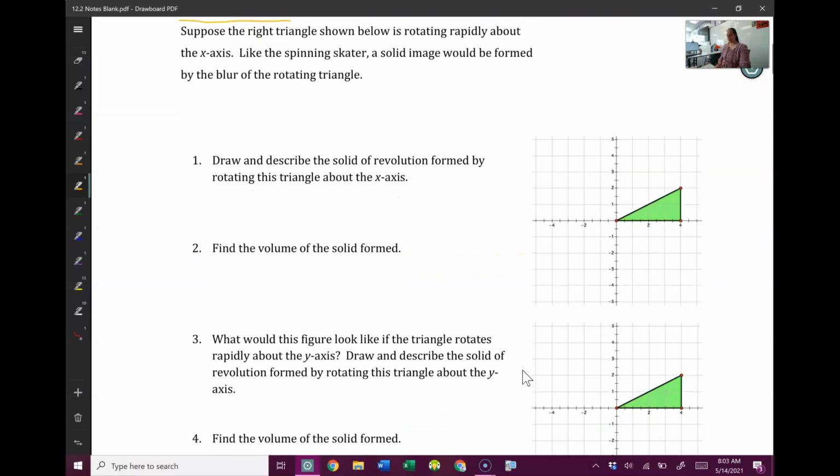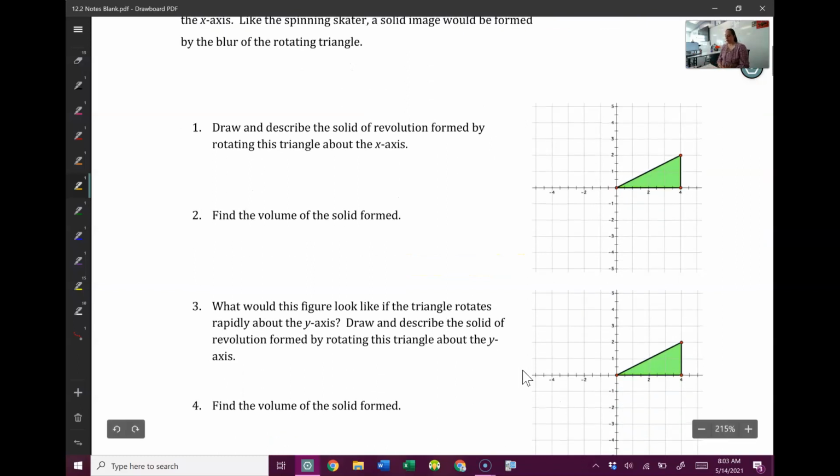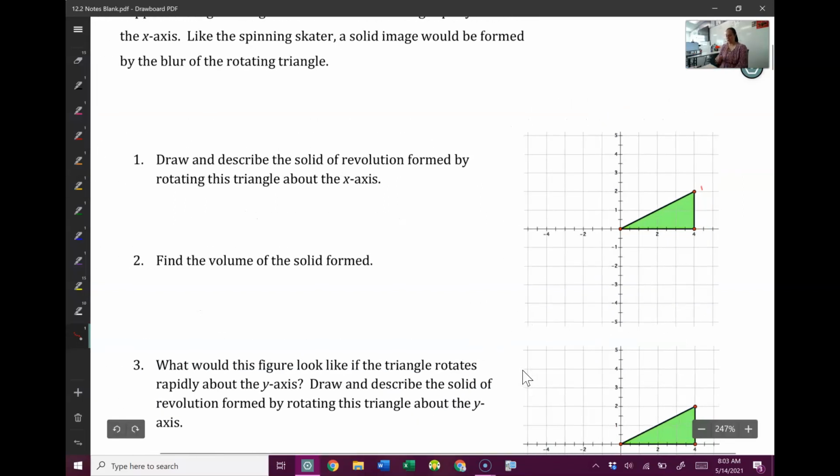So, let's introduce this here. In number one, we have a solid of revolution. We have this triangle right here, and it says we want to rotate this object around the x-axis. I actually have another visual aid right here. I have this triangle on a straw axis, just like that picture, and I want to rotate it around the x-axis.